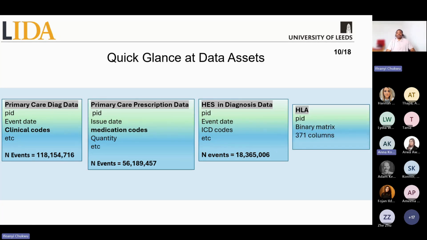So specifically for this presentation, I will be talking about an HLA data set, which is human leukocyte antigens, which is a kind of genetic data that is really interesting because for each participant in these 500,000 UK Biobank patients, they have mapped their genetic HLA based on 371 columns.